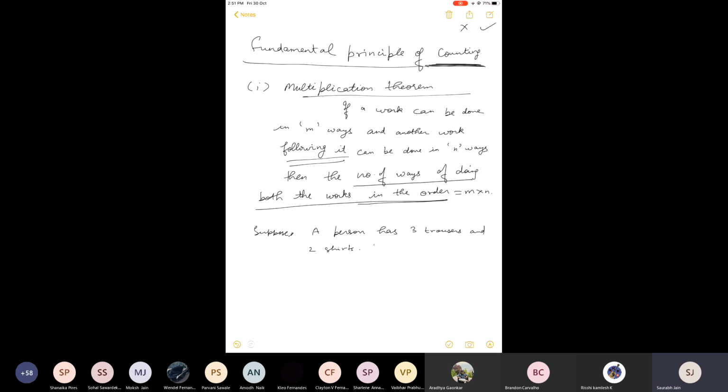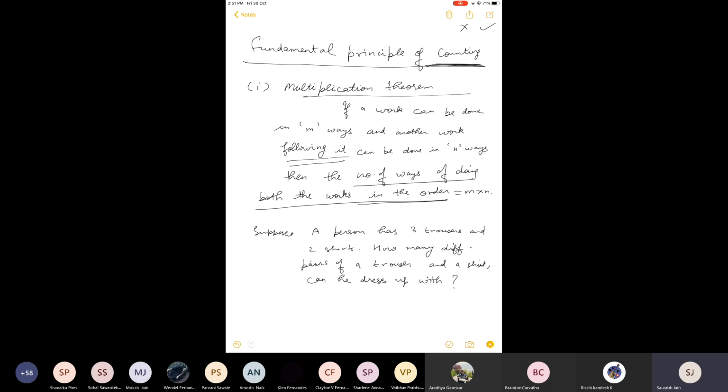How many different pairs of a trouser and a shirt can he dress up with?